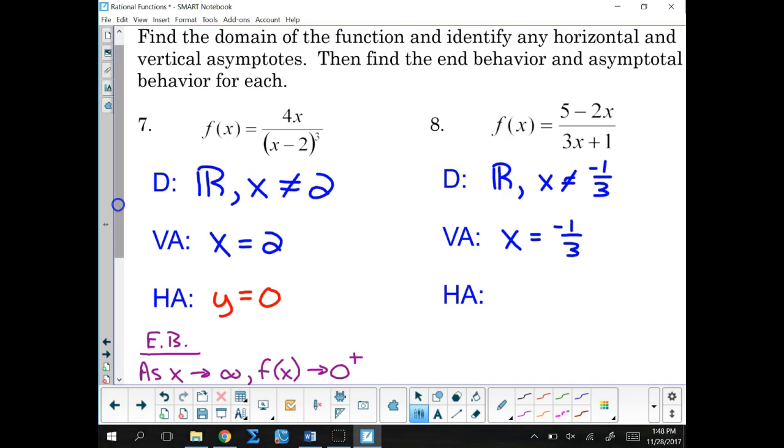Degree of the bottom, 1. So they're the same, so what do I look at? Leading coefficients. What's the lead coefficient on top? Negative 2. What's the lead coefficient on the bottom? 3. So this becomes a horizontal asymptote of y equals negative 2/3.